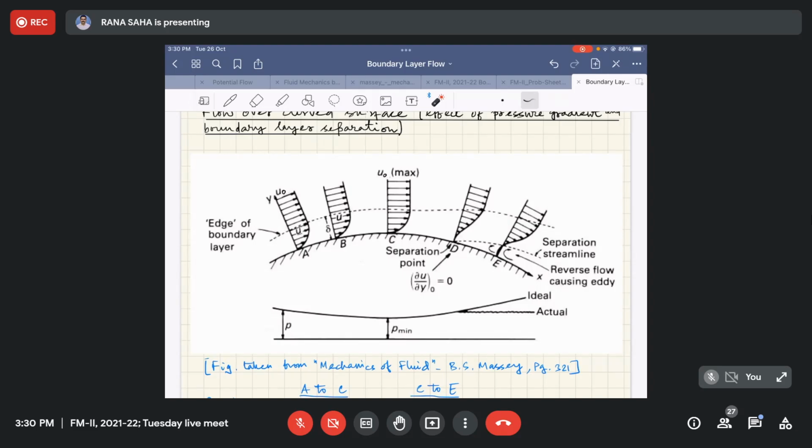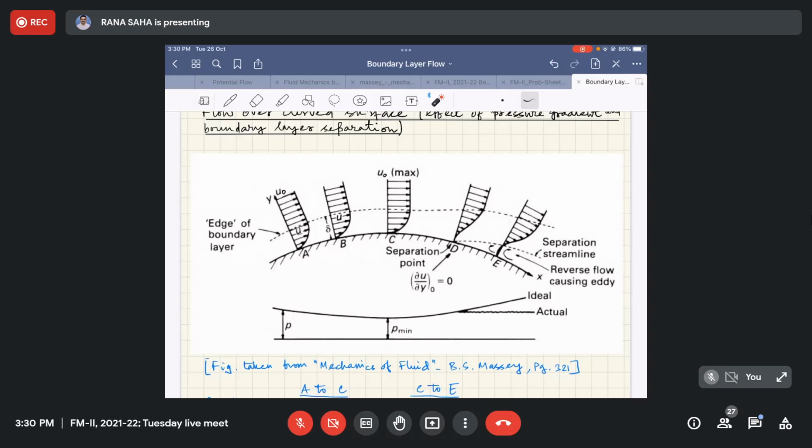That is typically what we call boundary layer separation. That means the flow may separate itself from the solid boundary. And how it happens, a schematic is on your screen.